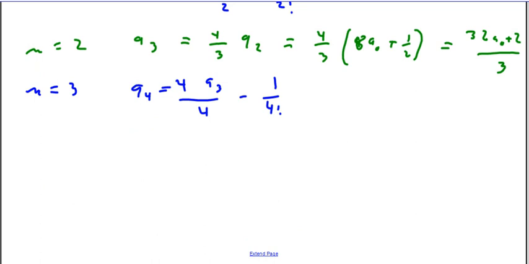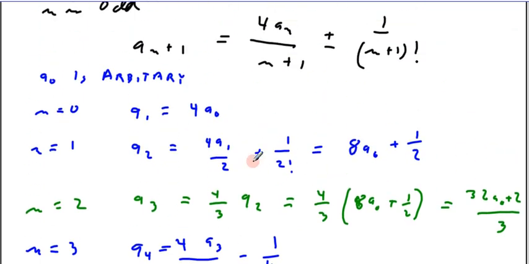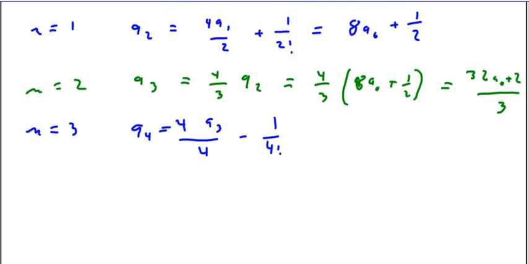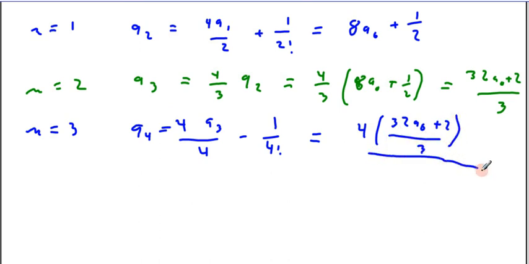It's because it was plus the first time I used it, plus 1 over 2 factorial. It has to be negative the second time I use it. Okay, so that's going to be 4 times 32A0 plus 2 over 3 minus 1 over 4 factorial.